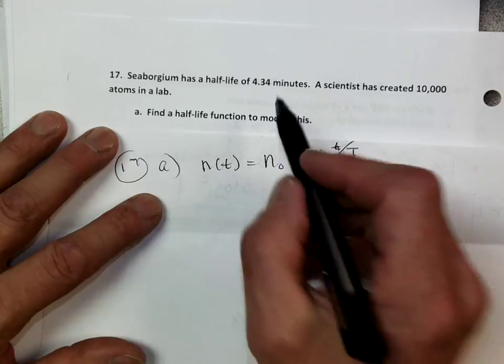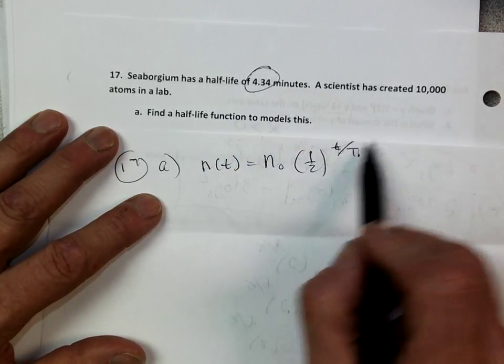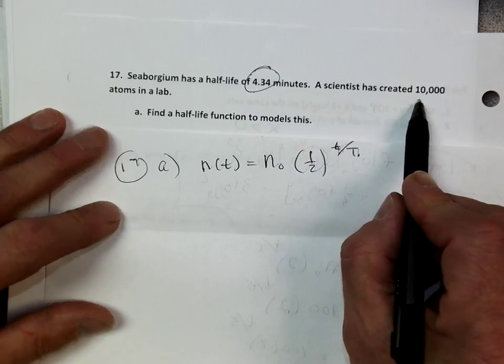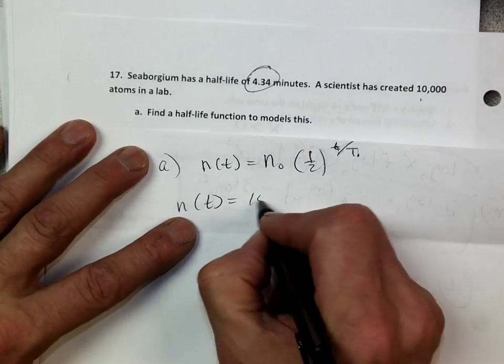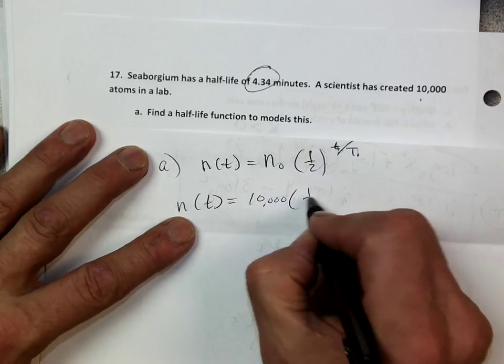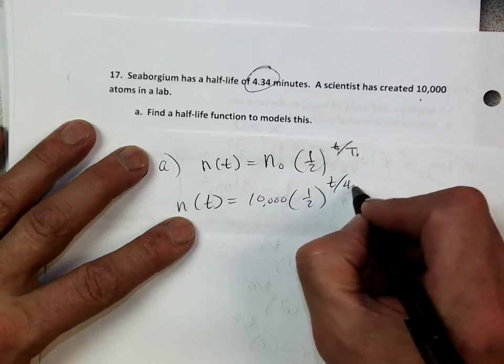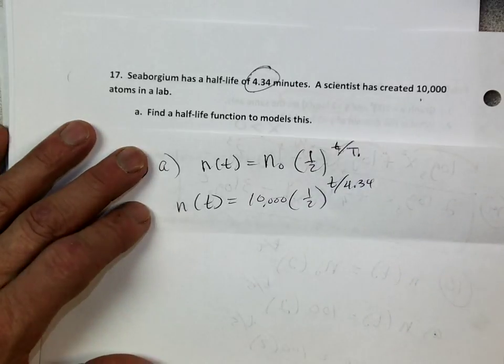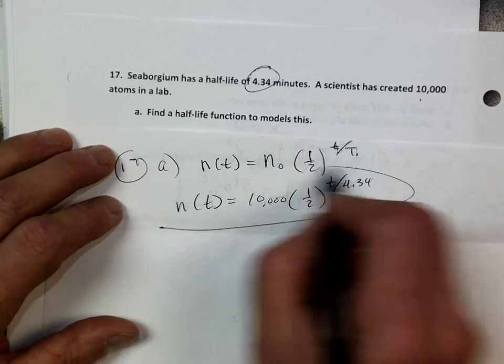So my 4.34 is the cycle of time, which I put in for T, and my 10,000 is my beginning amount. So part A: N of t equals 10,000 times 1/2 to the t over 4.34. There's my formula.